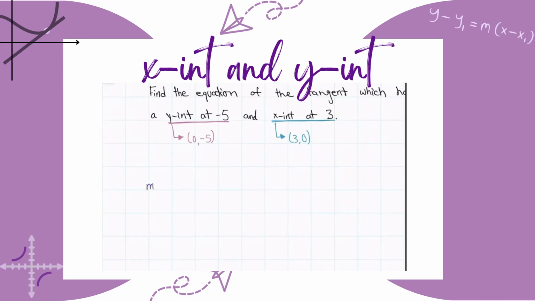Okay. So what's our slope? It would be 0 minus negative 5, which is 5. And then 3 minus 0, so 5 over 3. Yep. Let me write it down so you could see it more clear.